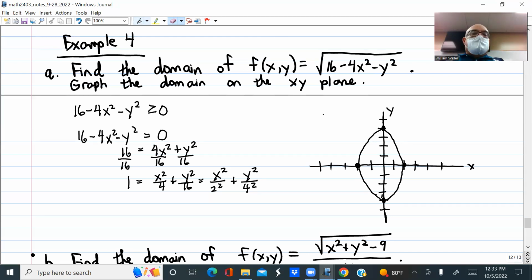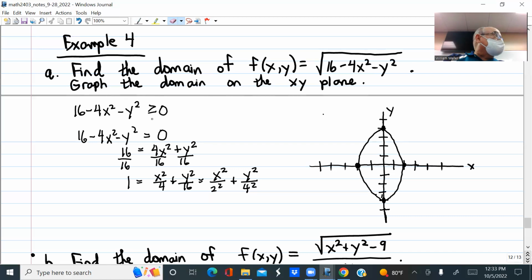Okay. So try 0, 0 and see if that's a solution to your original inequality. Is 0, 0 a solution to this inequality? If you plug 0 in for x and 0 in for y, it is, right? 16 minus 4 times 0 squared minus 0 squared. I think that's 16 minus 0, right?